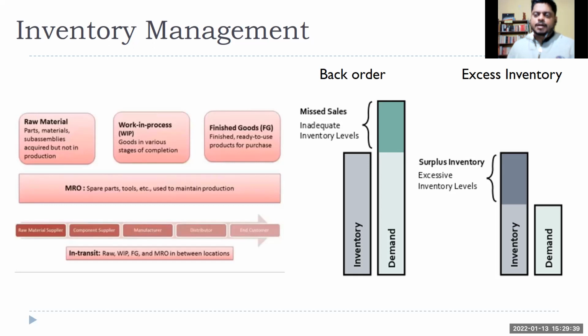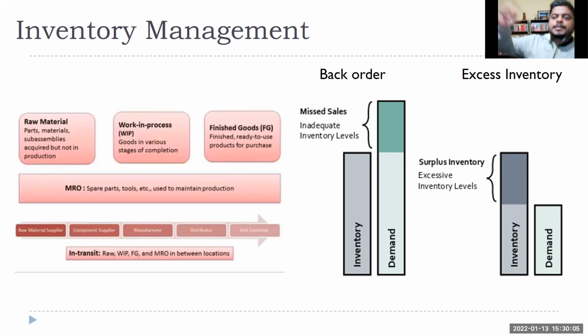Think about a big plant. So many machines are running. There will be spare parts for those machines. There will be spare oil, diesel, or whichever it is running on. There will be wires. All those items which are necessary for maintaining, repairing, and operating those machines or equipment, right? Those are inventory in terms of MRO inventory, right?